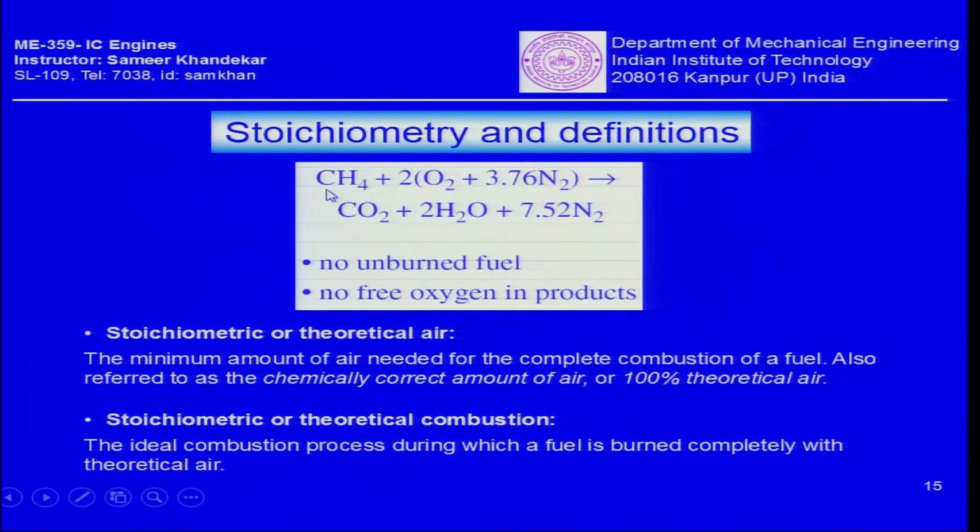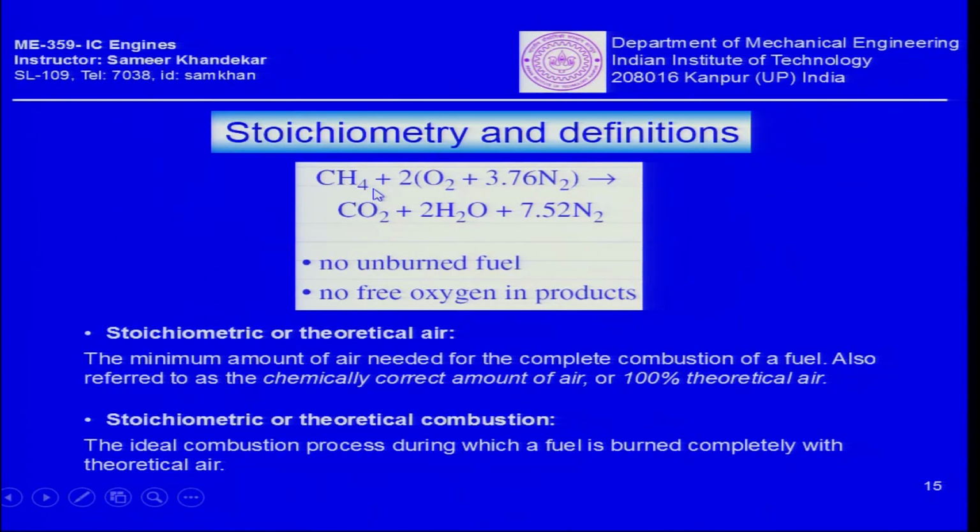So let us say we have methane, for example. If you take 1 mole of methane, there is a theoretical amount of air, or oxygen, which is required to oxidize it completely to CO2 and H2O. So 1 mole of methane, CH4, will naturally give 1 mole of CO2.